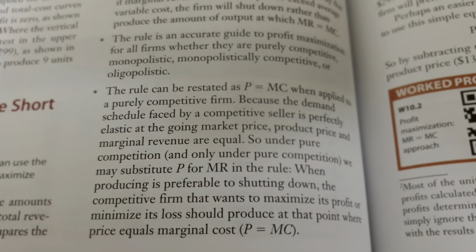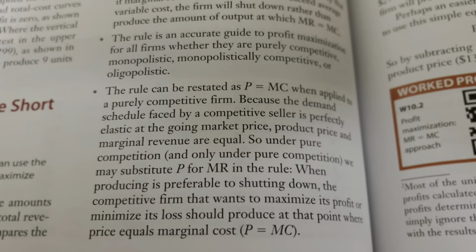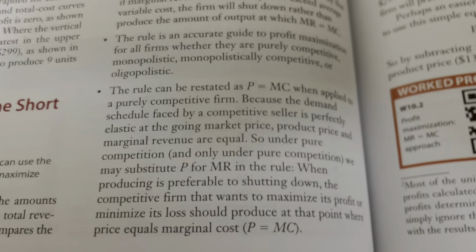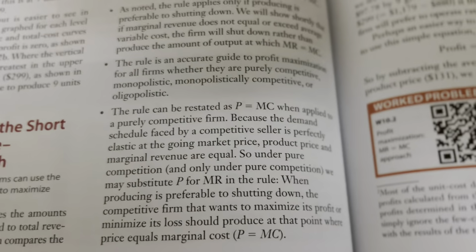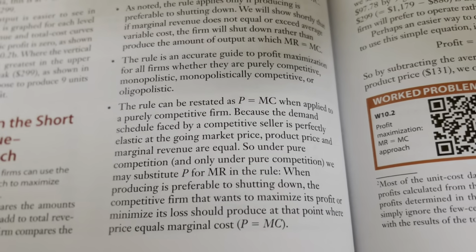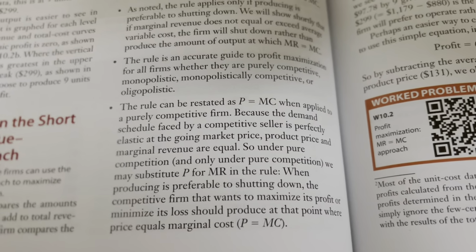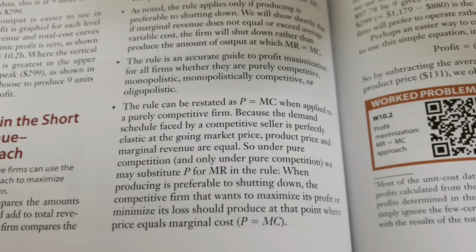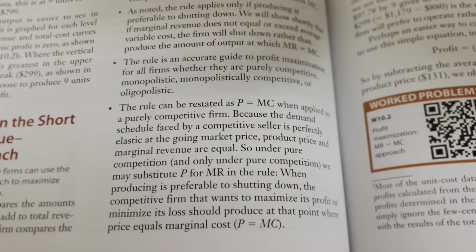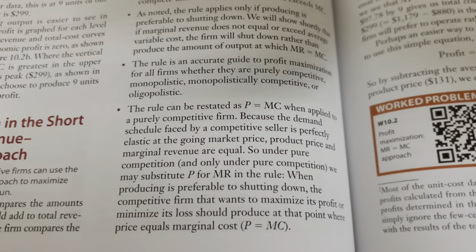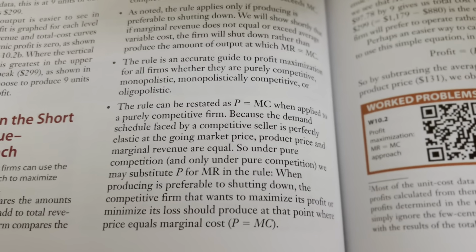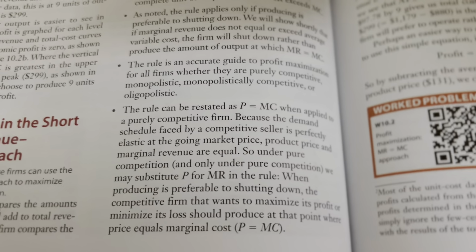Product price and marginal revenue are equal. So under pure competition, and only under pure competition, we may substitute P for MR in the rule. When producing is preferable to shutting down, the competitive firm that wants to maximize its profit or minimize its loss should produce at that point where price equals marginal cost, or P = MC.